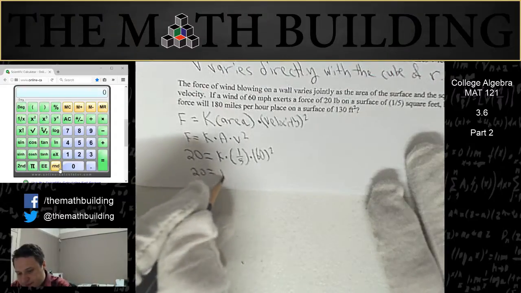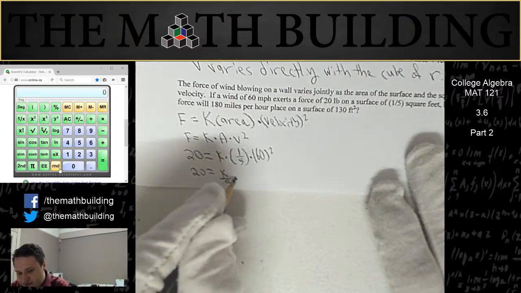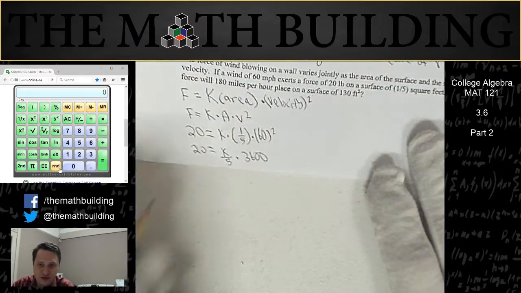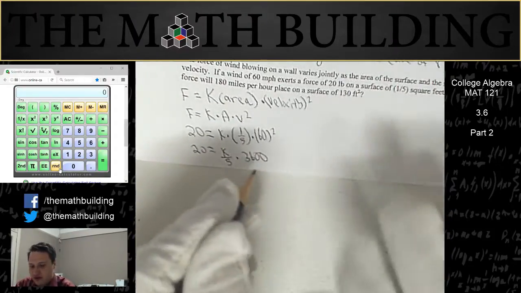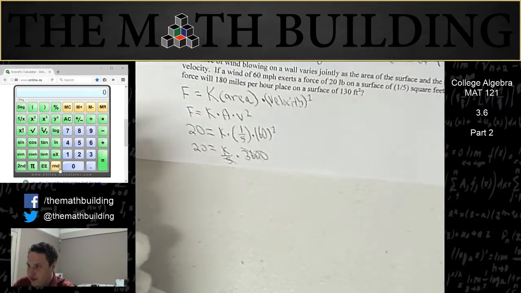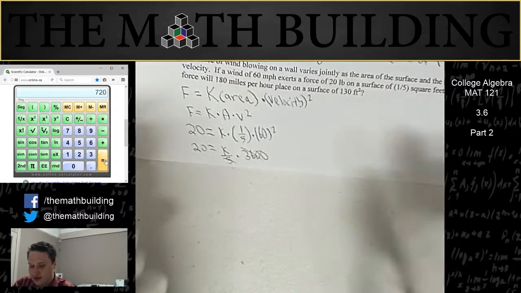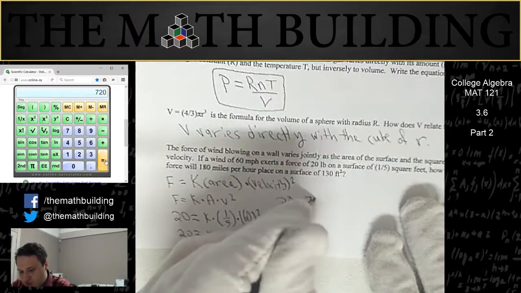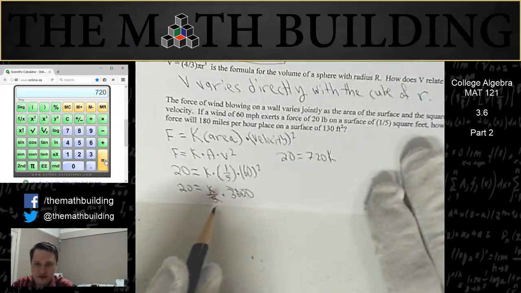We have k over 5 times 3,600, because 60 times 60 is 3,600. Let's do 3,600 divided by 5 to cancel these. So 3,600 divided by 5 is equal to 720. So I get 20 is equal to 720 times k, right? Do you see how I did that?